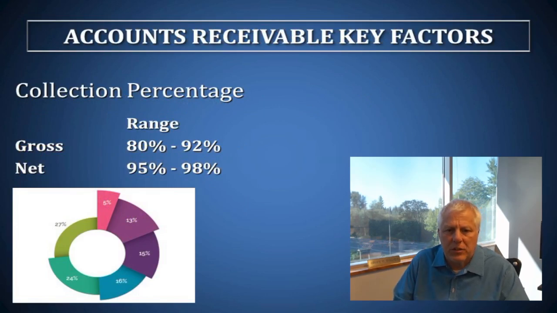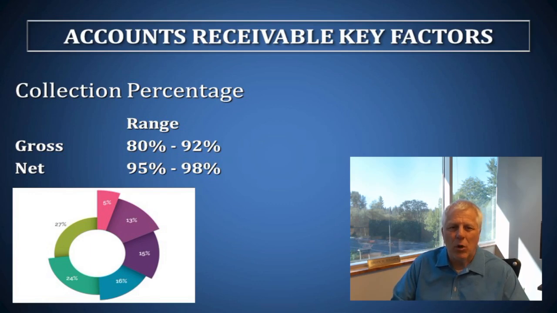Collection percentage, the gross collection percentage, and that's basically after all write-offs, 80 to 92%. We've got some under 80%. Again, it depends on how people bill. We have some clients that will bill the PPO fee schedule, and the write-offs have already been taken care of, and some will put the full fee schedule in there.